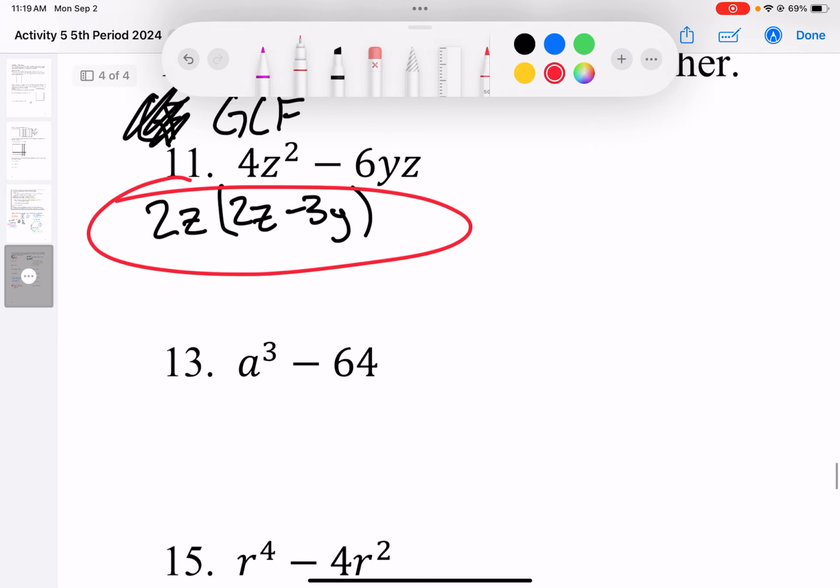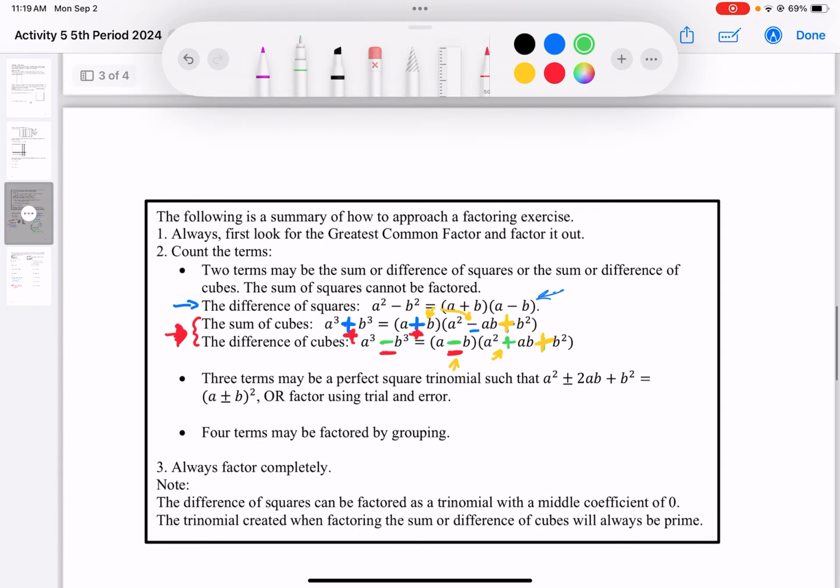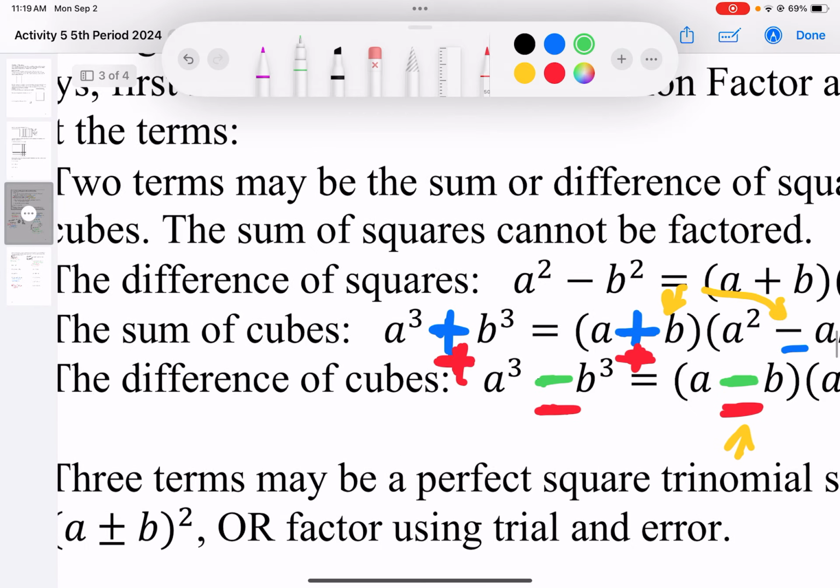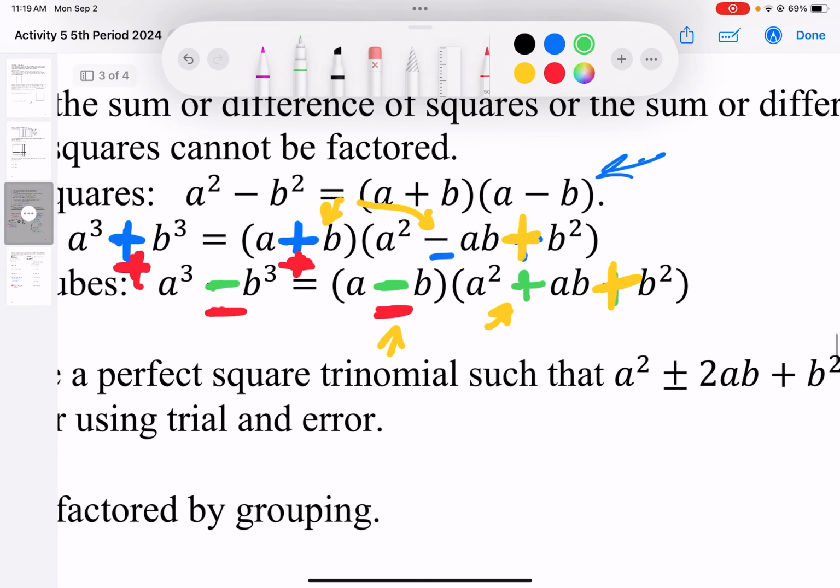Okay, this next one is a difference of cubes. Wow. And that's because the cube root of 64 equals 4. So this is where I go to that couple pages before, because it's a difference. It's going to be in my binomial, it's going to be minus, right?